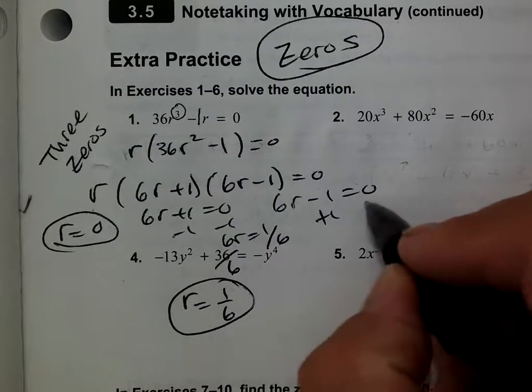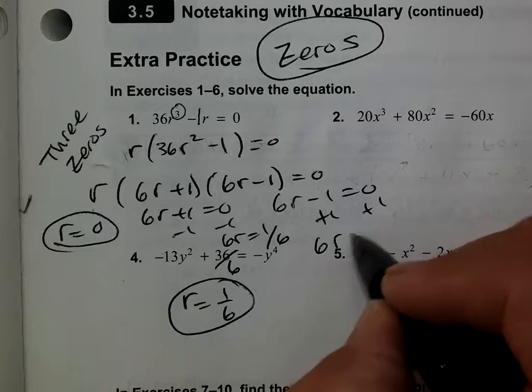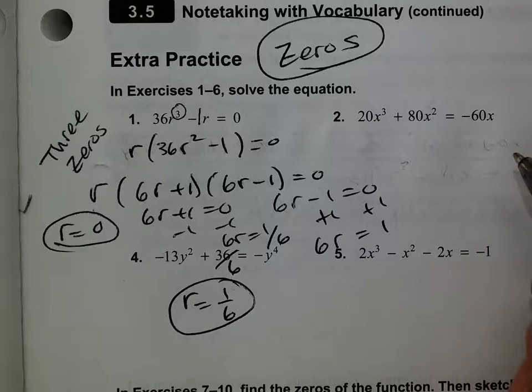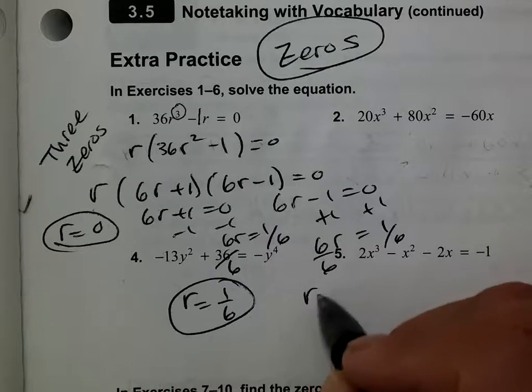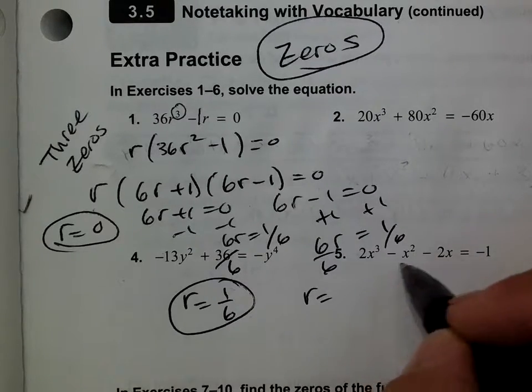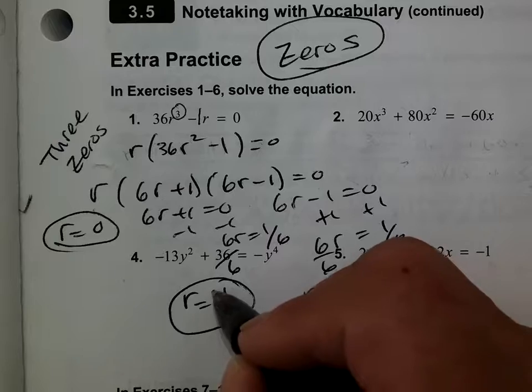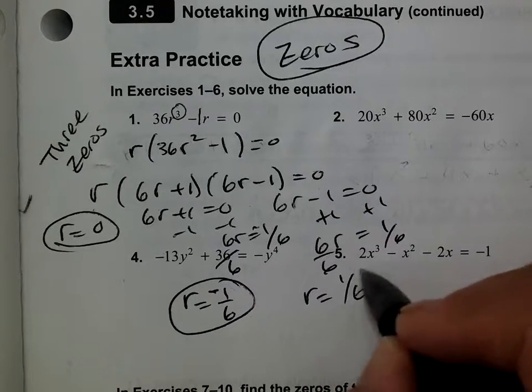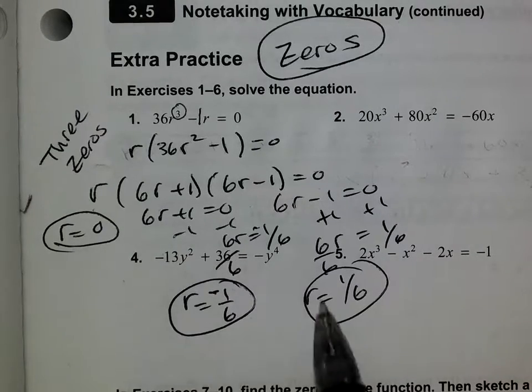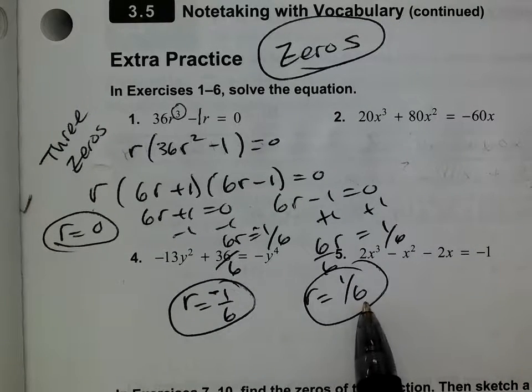I'll go plus 1, 6r equals 1. Divide by 6, and my other one is a positive 1/6. So my 3 zeros are 0, negative 1/6, and 1/6. Okay?